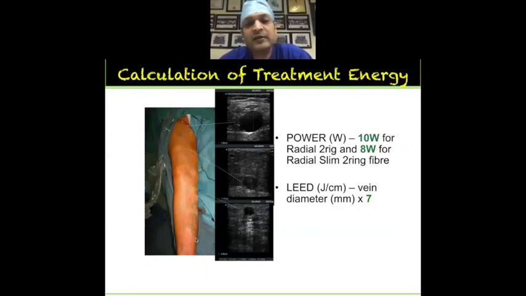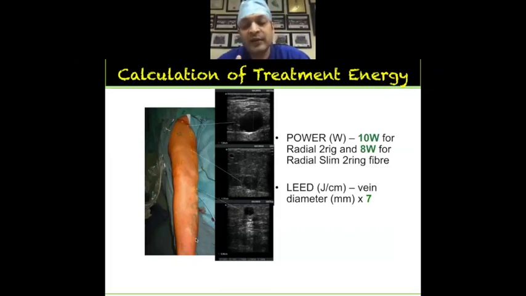It's based on that if you look into the diameter of the vein in the lying down position before tumescent anesthesia, and you take the diameter of the vein and multiply it by 10 watt or 8 watt depending on the fiber. But there are other studies which show that the diameter of the vein does not matter, how much energy you're going to give.